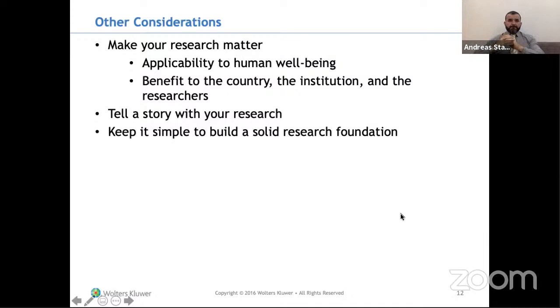So maybe when you're submitting your proposal, maybe you talk about the research you have already done and how this is going to help you as a stepping stone to reach your fourth research and then your fifth research, and then answer a bigger question. Or you could say what others have done and how yours will just come together with your evidence with their evidence, and answer a broader research question.